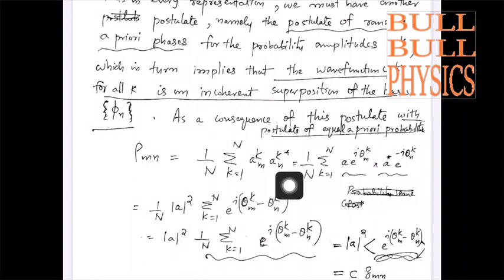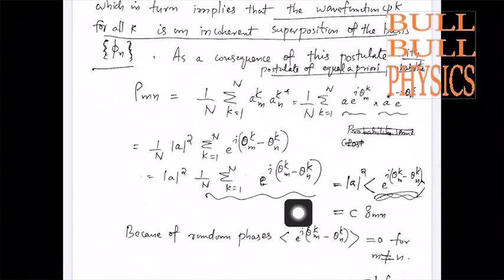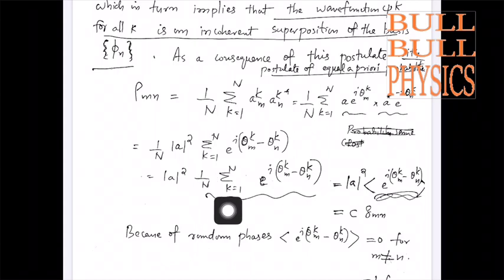Whether it is m or n, the magnitude is the same. Only the phase factor is different. So here for a times a conjugate, I can write modulus a squared. So 1 by n, modulus a squared, sigma k equal to 1 to n, e to the power i (theta km minus theta kn).